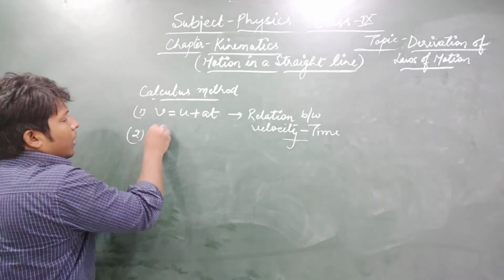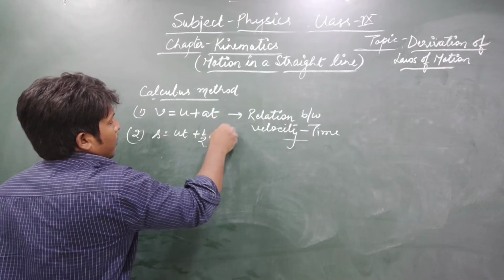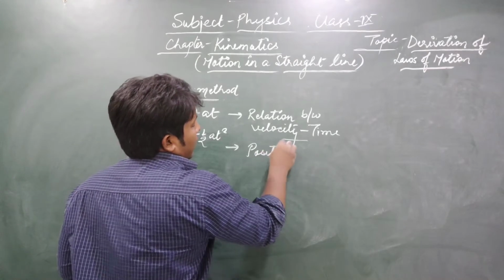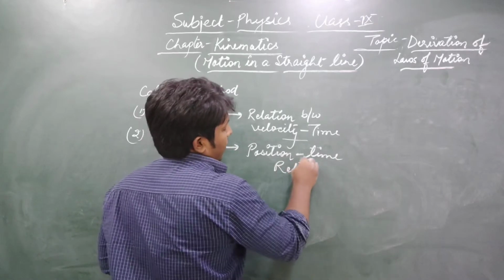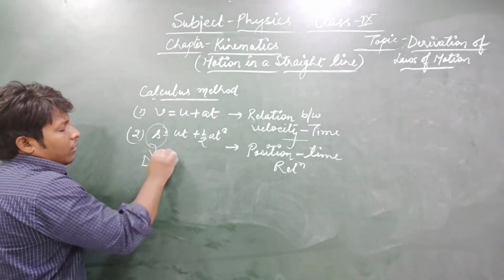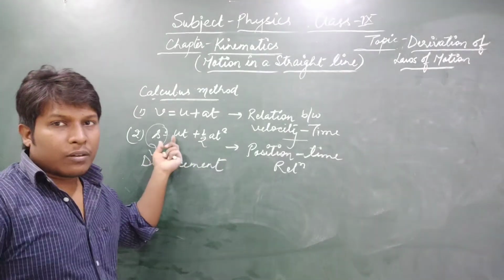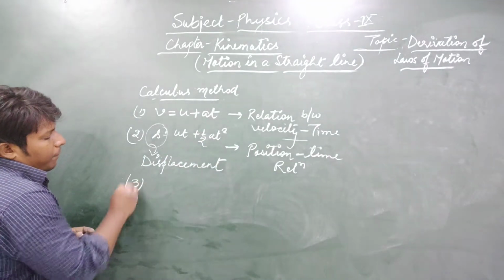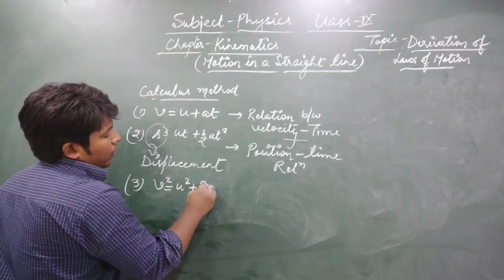The second equation of motion is s is equal to ut plus half at square. This is your position time relation. s is the displacement here, u is the initial velocity, t is the time, a is the constant acceleration, and last you have v square is equal to u square plus 2as.